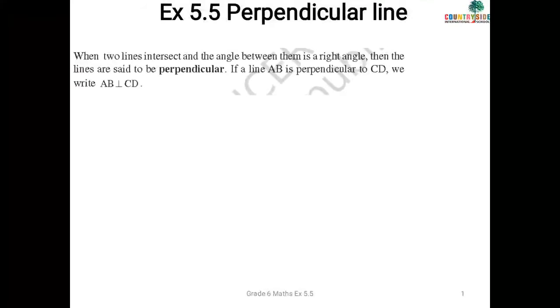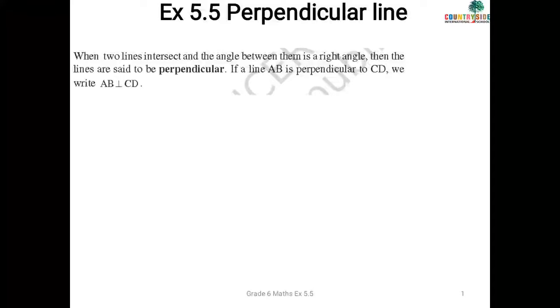So scholars, now we are going to start exercise 5.5 and this exercise is completely based on perpendicular lines. So let's see what is the definition of perpendicular lines. When two lines intersect and the angle between them is a right angle, then they are said to be perpendicular.